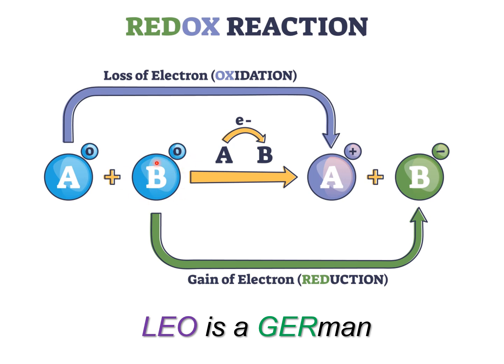Here, this B started out as a charge of 0, but because it gained an electron, that's the German. So when you gain an electron, you are reduced. So A is oxidized and B is reduced. Just start there. And again, I know that this will feel really not in your lane, but there are reasons why we teach this, so have some faith in me.